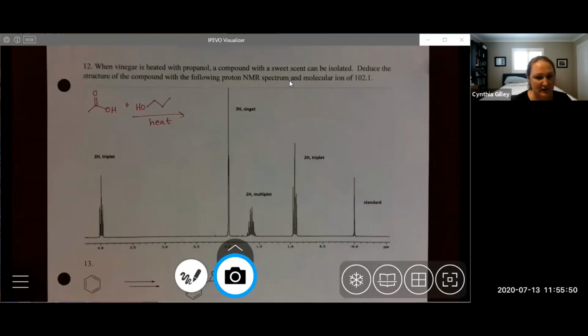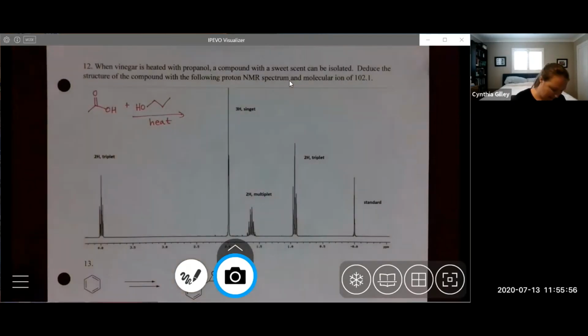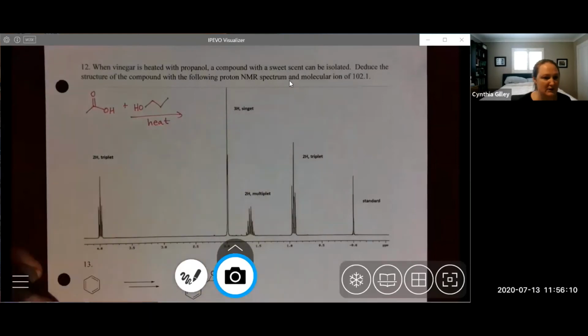I always like to just look at the NMR first and then confirm with mass later. So, just looking at each signal by itself, we have a signal that integrates for 2 hydrogens. So if it integrates for 2 hydrogens, I would just draw CH2. I always look at the integration first.